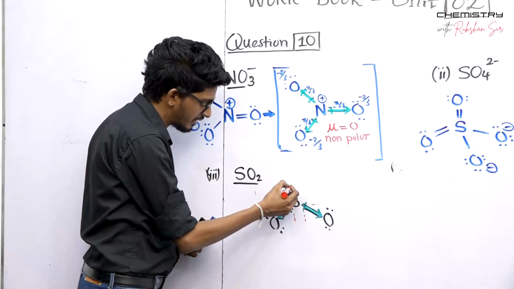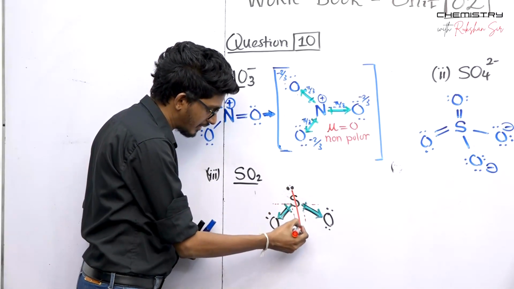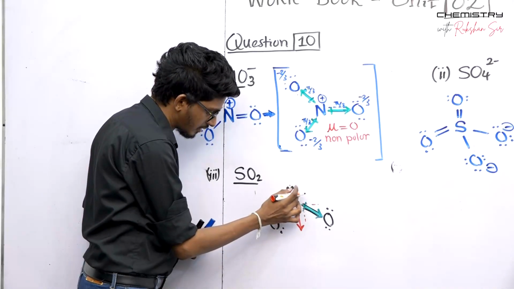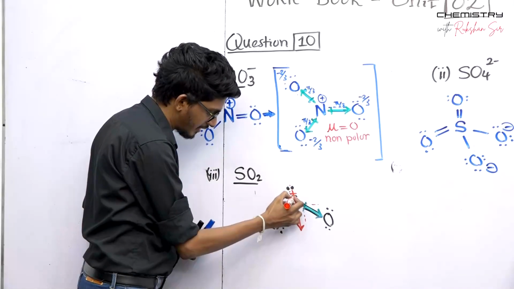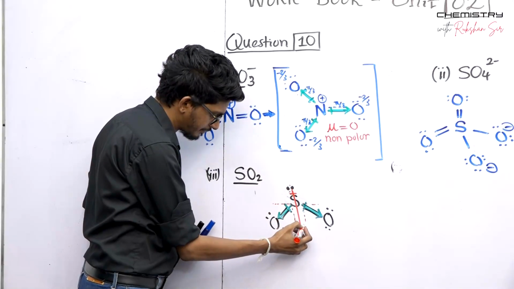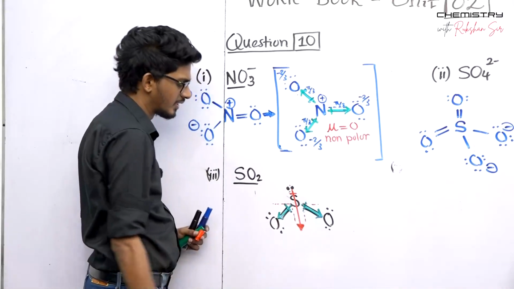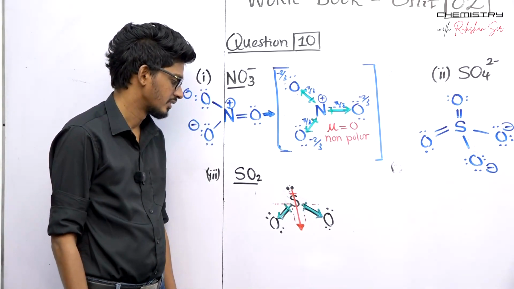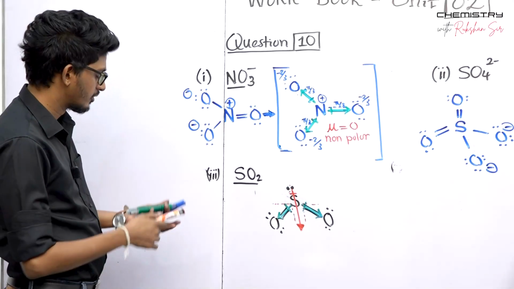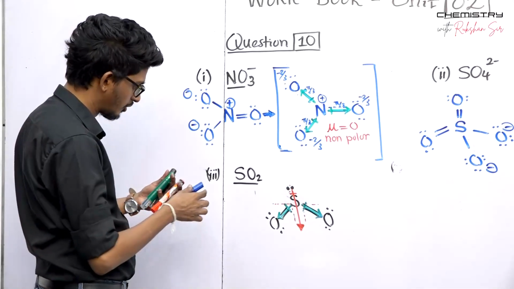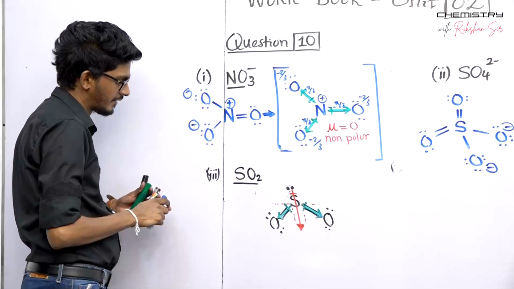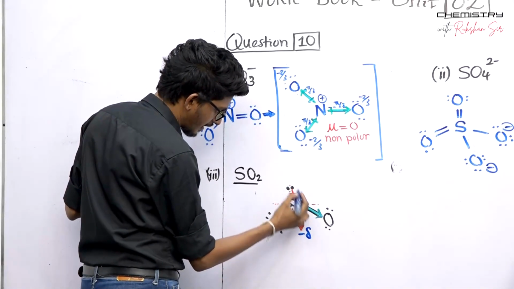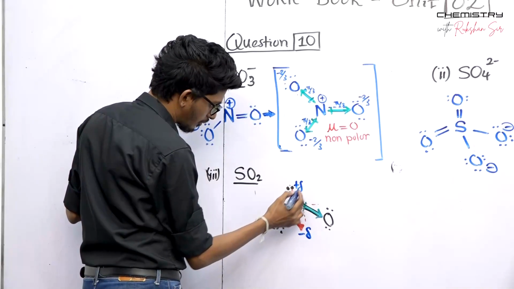So you will end up with this kind of net dipole moment, as the vertical component won't cancel off. This kind of dipole moment will be the resultant. So in SO2, you have a negative pole between the two oxygens and a positive pole on top of the sulfur.